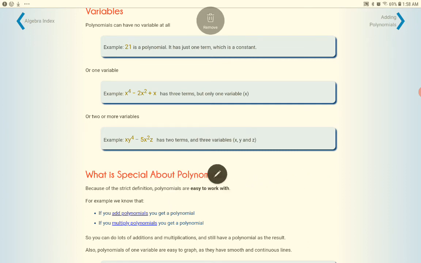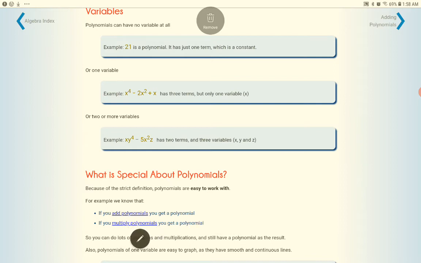We use polynomials a lot to model real-life applications of math. Even when the exact equation is not a polynomial, sometimes we'll use a polynomial that's close to it because they're easy to work with. If you add them, you get a polynomial. If you multiply them, you get another polynomial. You can do lots of addition and multiplication and still have polynomials as a result.